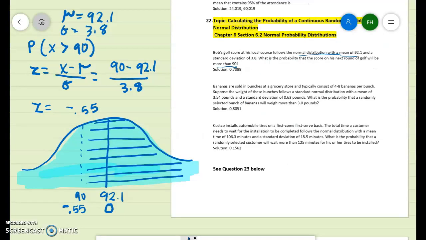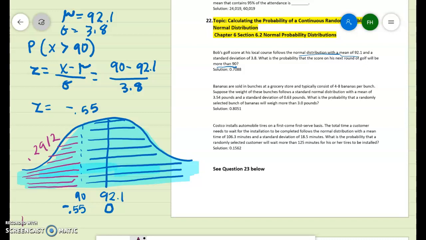Now let's go back and look at our problem. When we look it up on the table, it's always going to give us the less than side. So I just found out the probability that x is less than 90 is 0.2912.